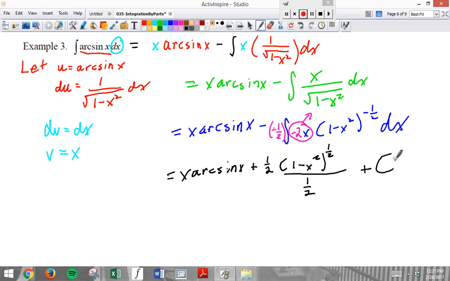Now, nobody in their right mind is sitting there thinking, oh, I bet you this is the antiderivative of arcsine. You have to do this work. I am not telling anybody, BC kids, AB kids, to memorize this. That would be a really silly thing to do. Okay? All right, guys. Next.